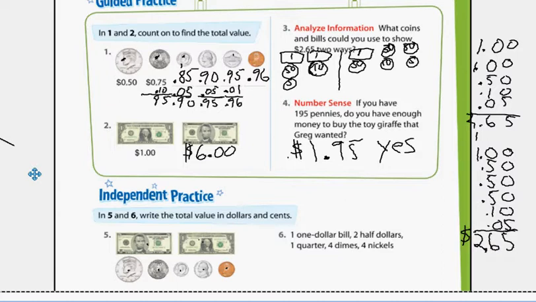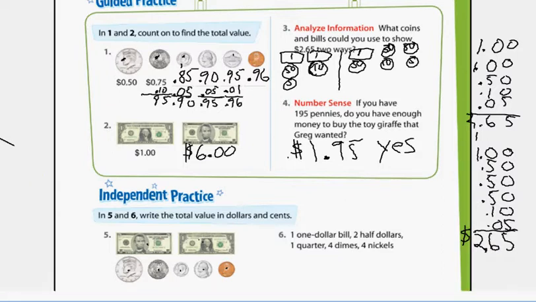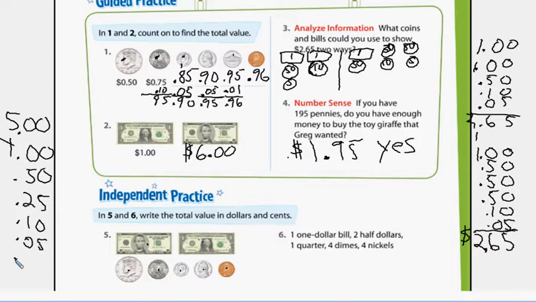So number 5, sorry. Get my writing utensil again. So that would be $5 plus $1 plus 50 cents plus 25 cents plus 10 cents plus 5 cents plus 1 cent.